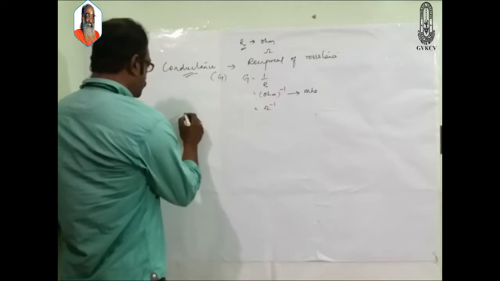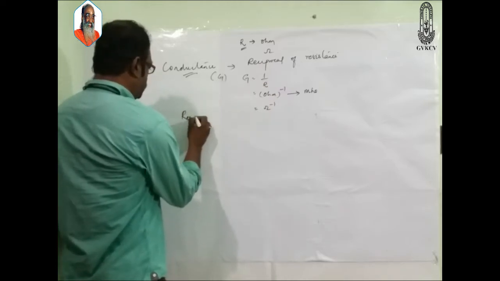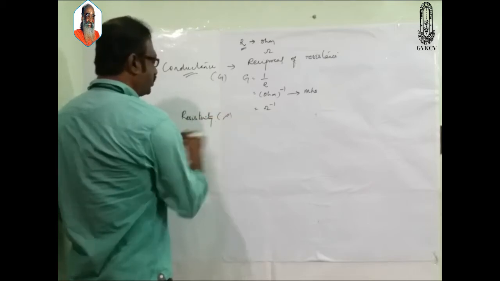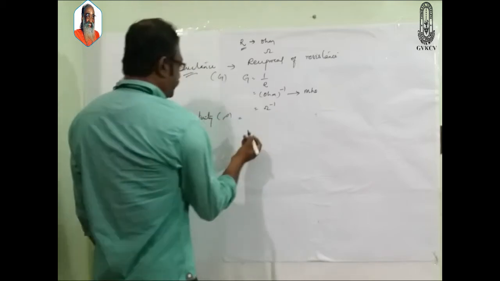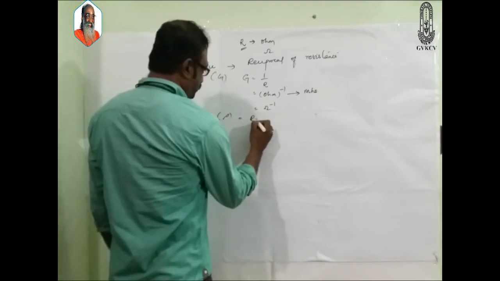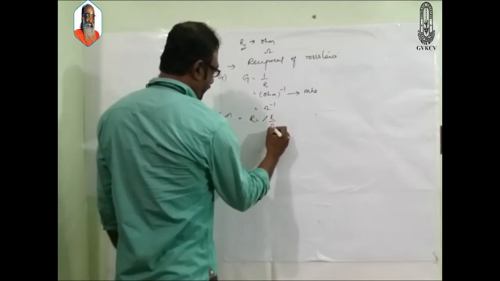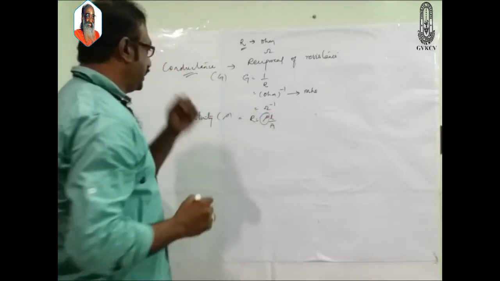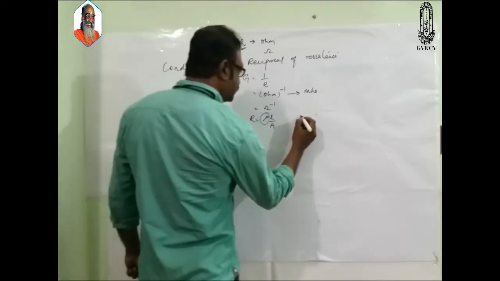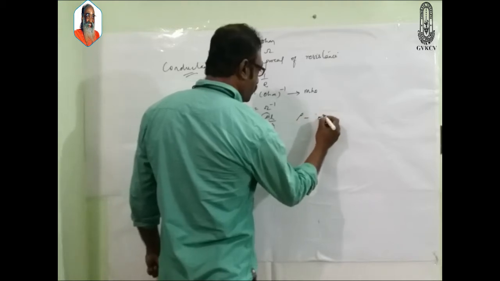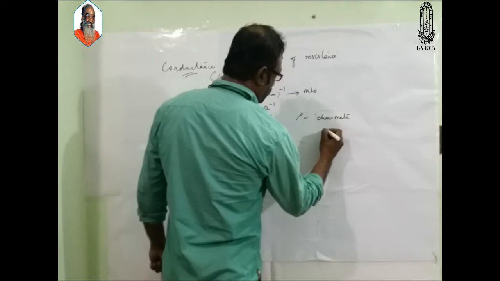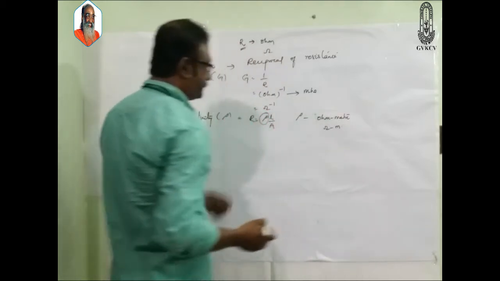And already we know about the resistivity, denoted by rho, and we understood this from R is equal to rho L by A. So here is your resistivity, and we give the units for this as ohm meter, with the symbol omega meter.